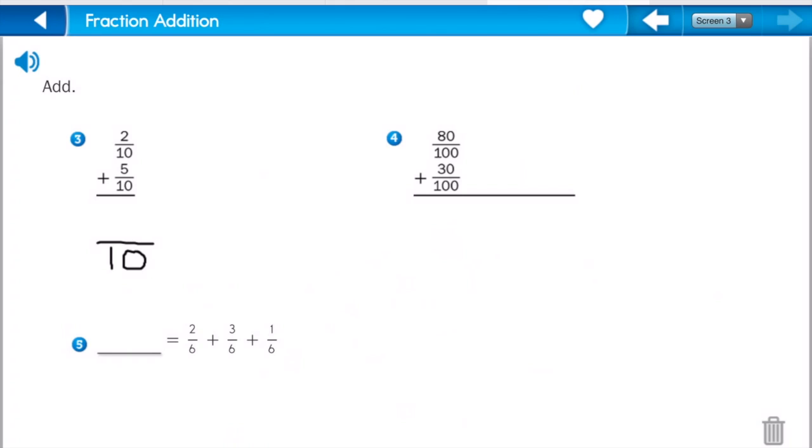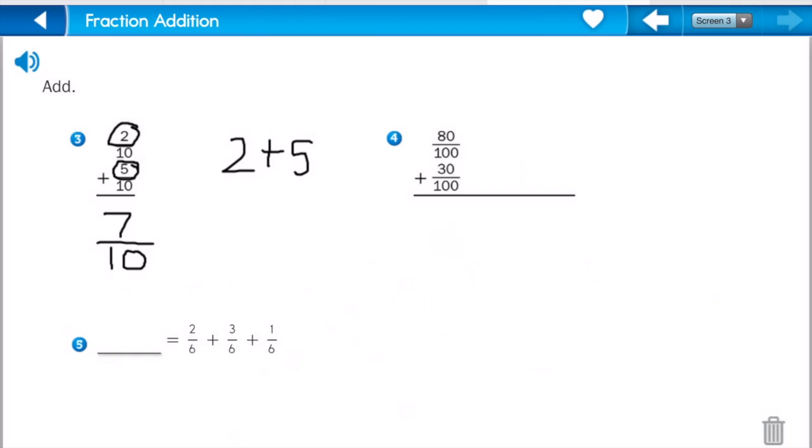I don't add them together to get 20, I just leave it as 10. But I am going to add the numerators together. So my numerator on this one is 2, and my numerator on this one is 5. So I'm going to take 2 plus 5. And when I add those together, I know that I get 7/10.